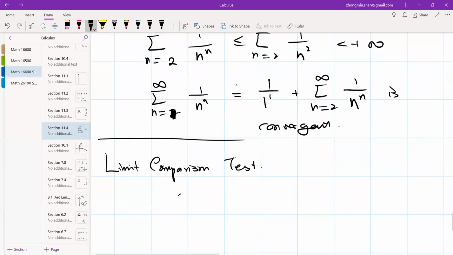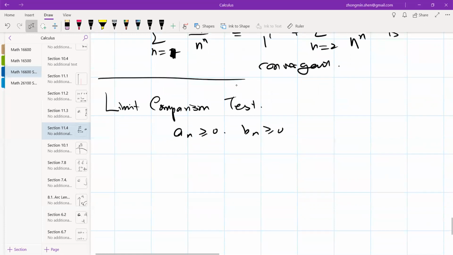So you have a_n greater than or equal to 0, b_n greater than or equal to 0. I take the limit of a_n divided by b_n. Suppose the limit exists, and b_n is simpler. At this moment, I just assume L is finite.